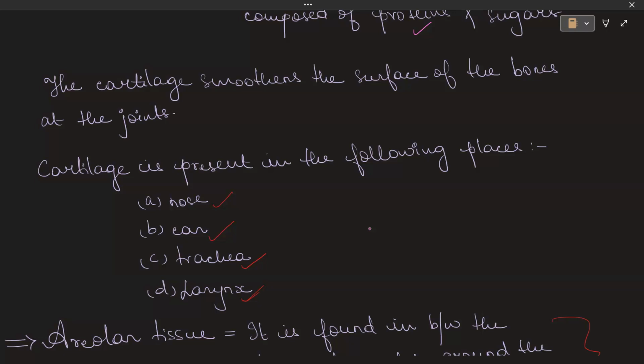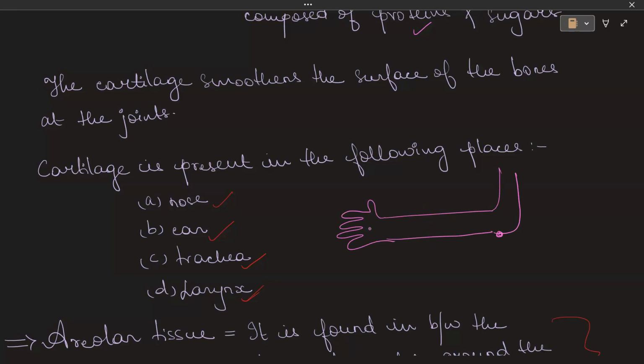For example, if this is your hand, these are your fingers, and this is your elbow part. From the elbow you can fold your hand, isn't it? But can you fold your hand from here? No, ma'am. No, because the bone will break.